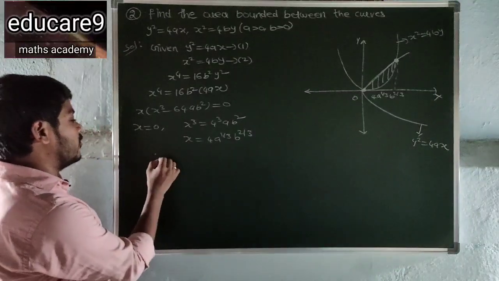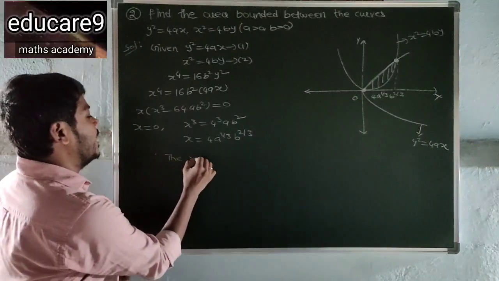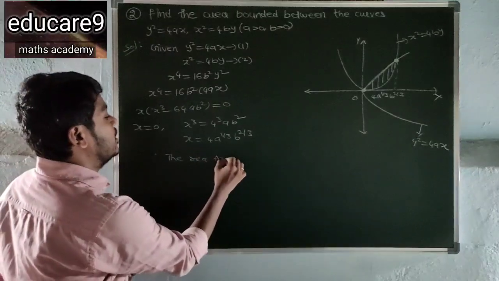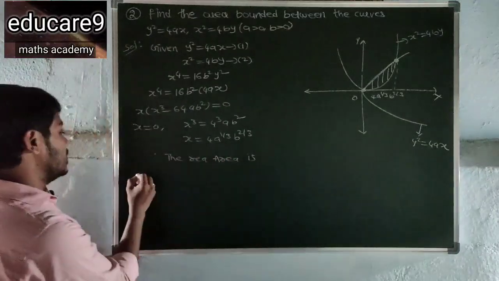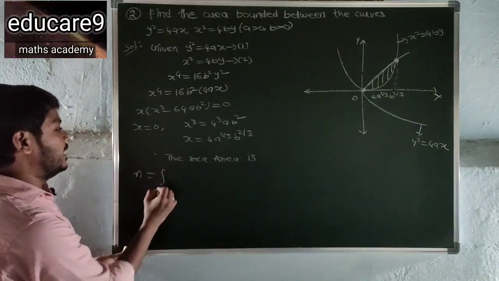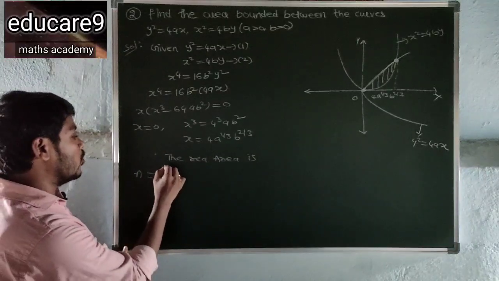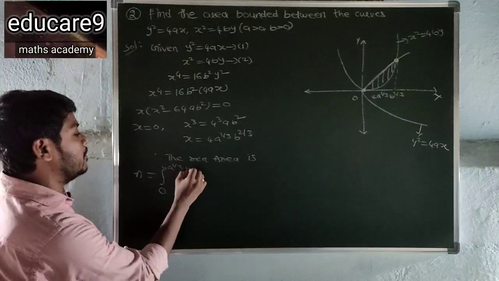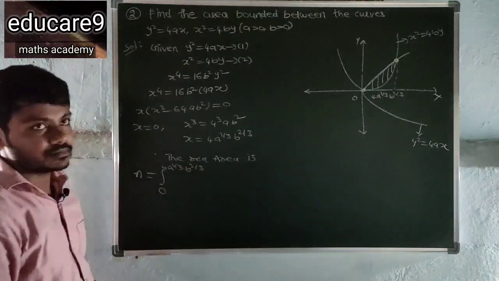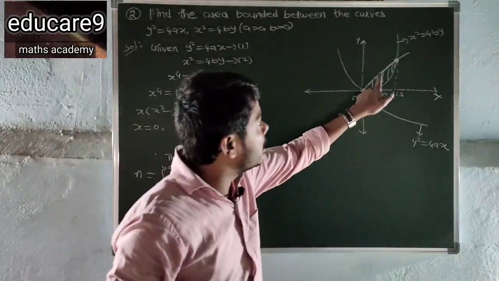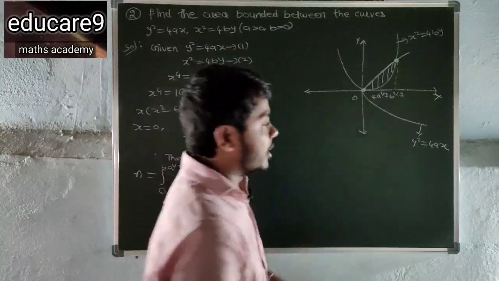So here, therefore the required area A is equal to integral, what are the limits? 0 to 4a power 1 by 3 b power 2 by 3. And what is the upper curve? y square equal to 4ax.